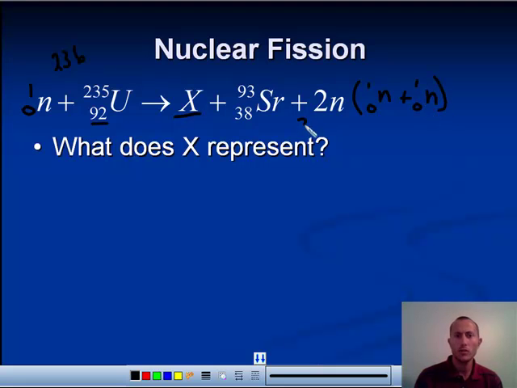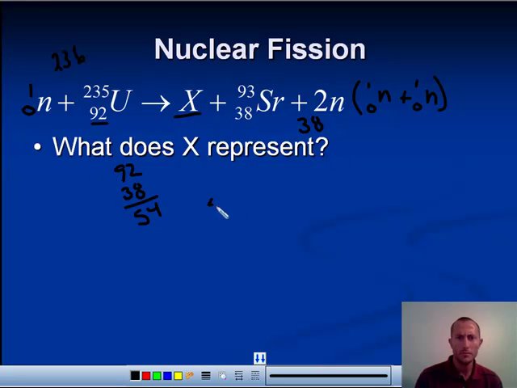So we have a total accounted for proton number of 38. So to find out how many our unknown element has, we're going to do a little simple subtraction. And so that's going to be 54.